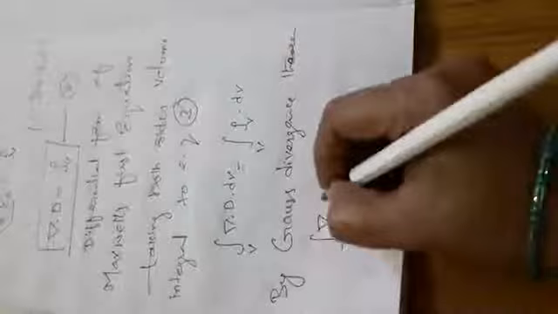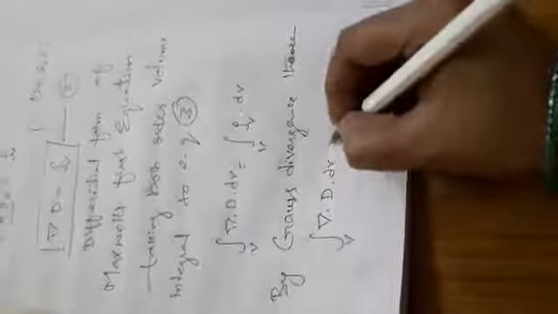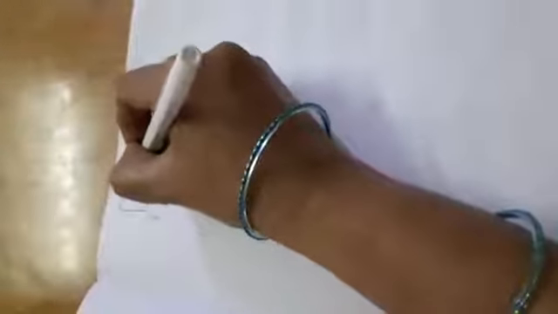I can write del dot D dV over the volume V as D dot dS, that is, volume integral to surface integral over the surface S. Then this can be written as D dot dS over the surface S is equal to the right hand side as it is, rho V dV over the volume V. This is known as the integral form of Maxwell's first equation.